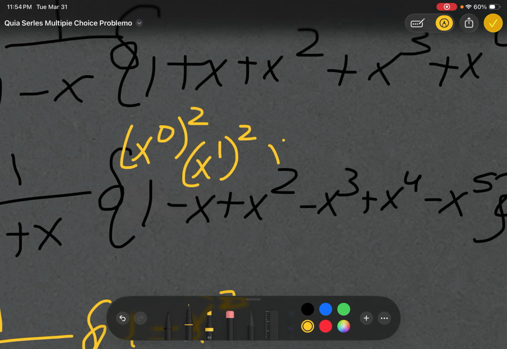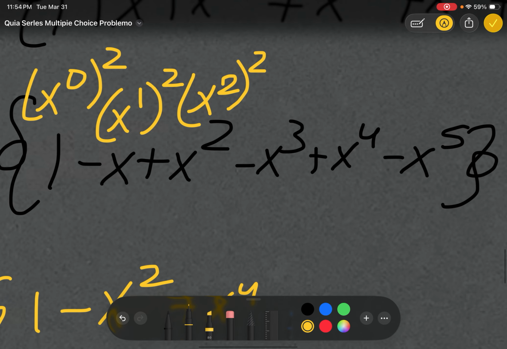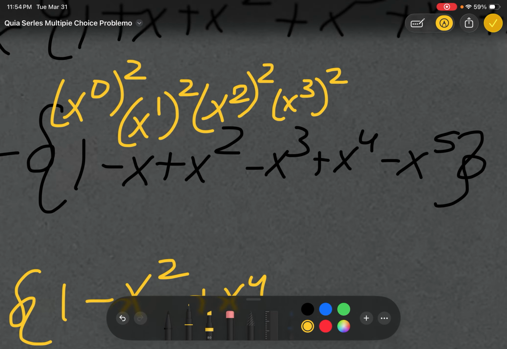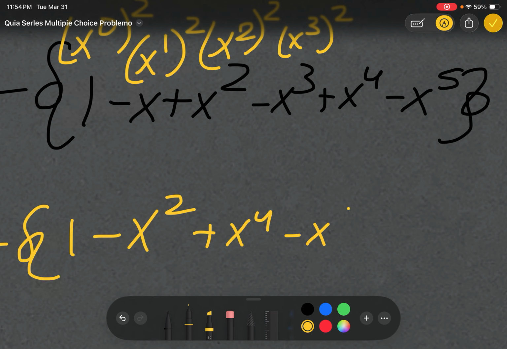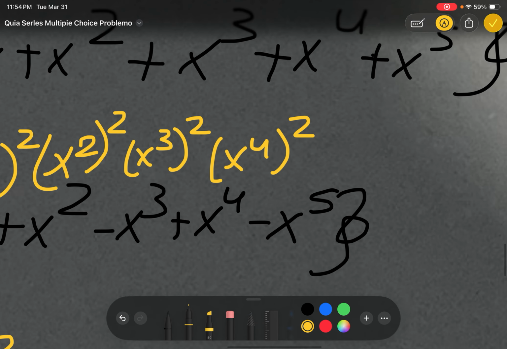Then x squared times x squared is going to be x to the 4th. Then this is going to be x cubed squared, which is just going to be negative x to the sixth. x to the 4th squared. Remember that the properties of exponents say that when an exponent is being raised to an exponent, you multiply the exponents and not add.